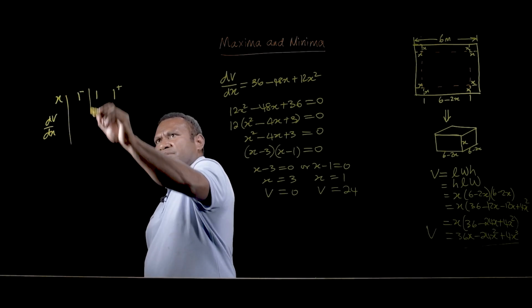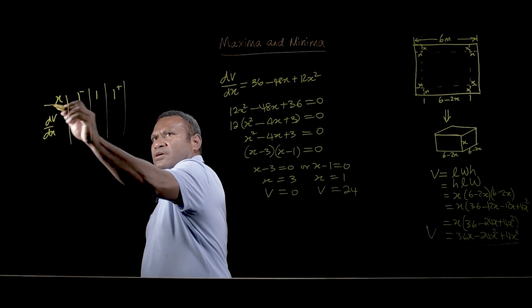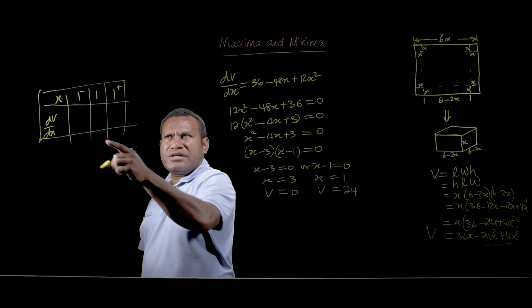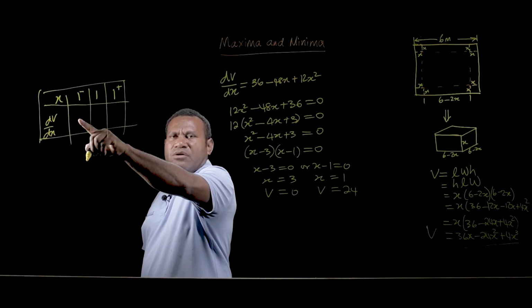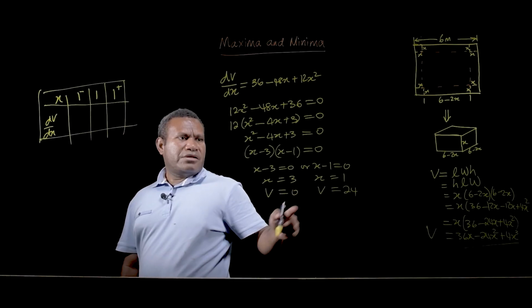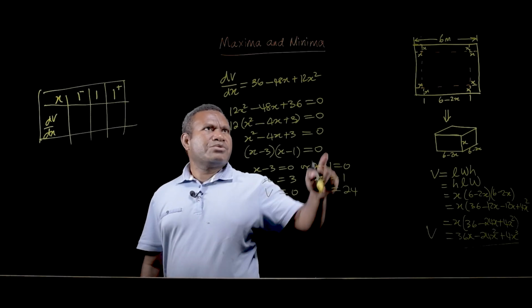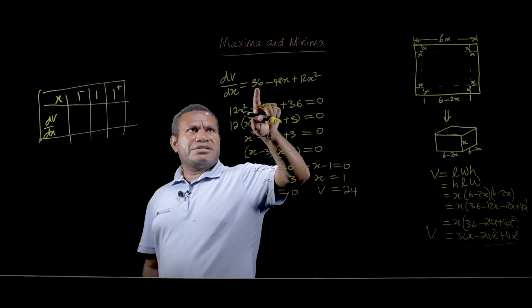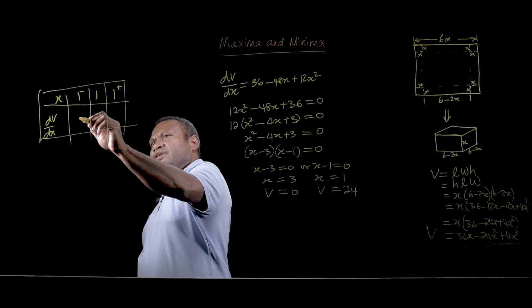If I substitute some values in this gradient function, a number less than 1, let's say try substituting 0, right? If you substitute 0 in this gradient function here, you will get 0, 0, and then 36, which is positive. So here we have positive.